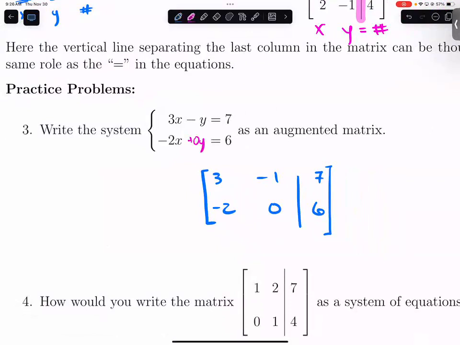Good. Okay, let's think about the system of equations first. If I was going to solve that, what could we do? Negative 2x is 6, right? So what's x then?